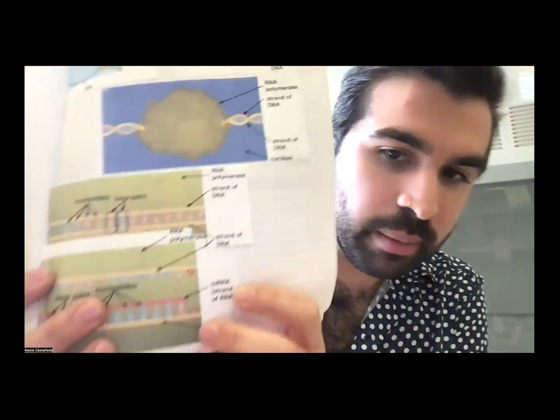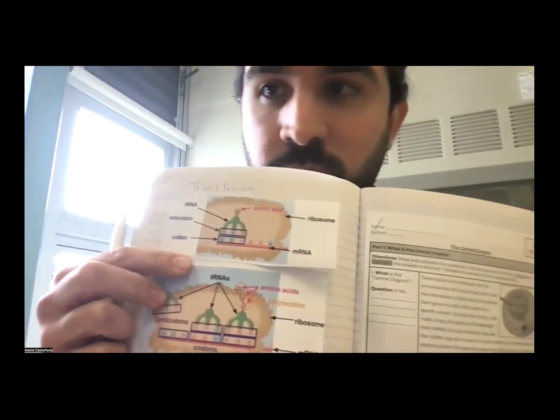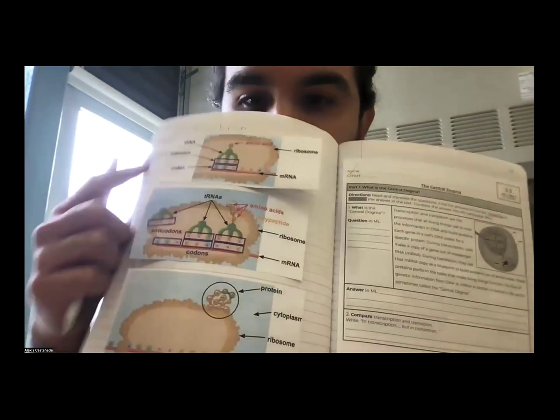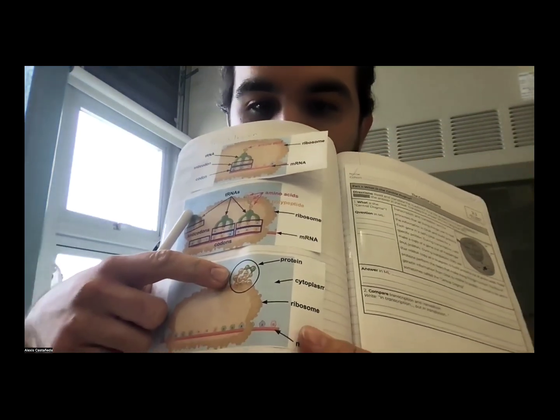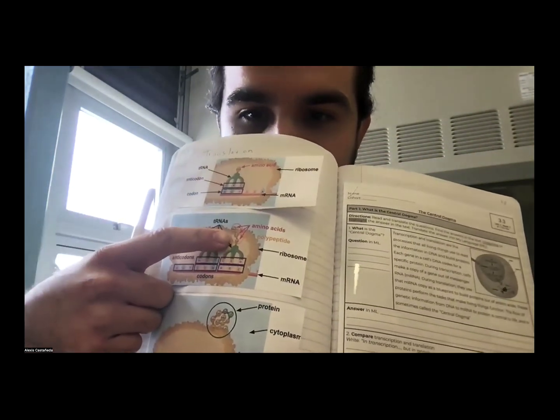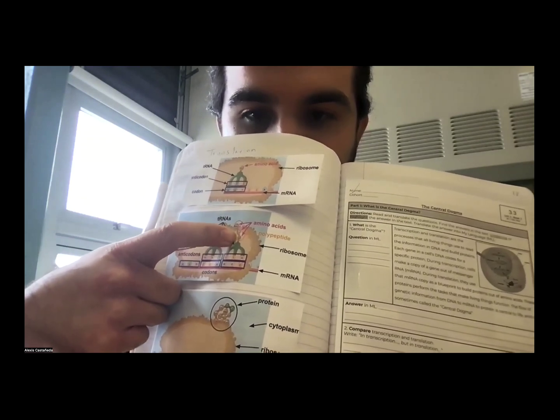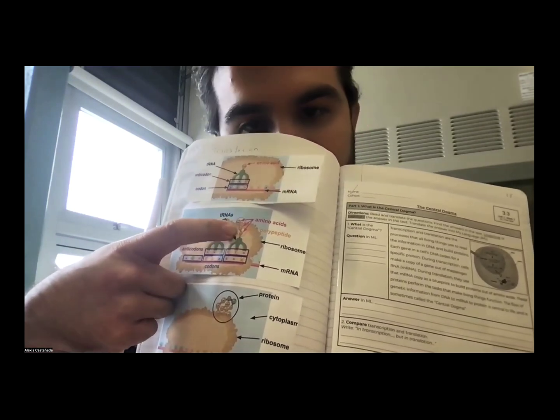Then in translation, that same mRNA comes to the ribosome and it becomes a protein. First we form some amino acids and a polypeptide. A group of amino acids is called a polypeptide or peptide. And then we form a protein.